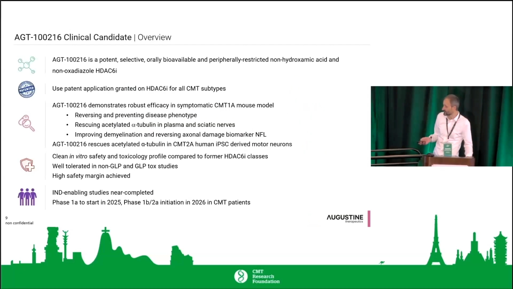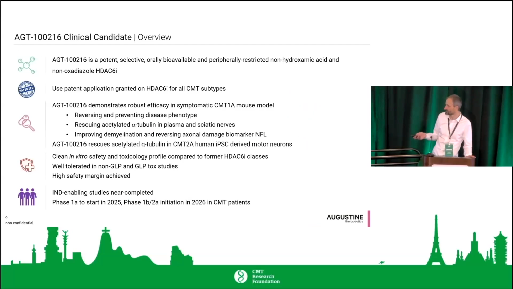So with that, I hope I've shown you that HDAC6 is a promising new candidate for treating CMT1A. So it's a potent, selective, orally available and peripherally restricted non-hydroxamic acid and non-oxadiazole HDAC6 inhibitor, which makes us believe that it's a best-in-class molecule. We have a use patent application granted for the use of HDAC6 inhibitors in CMT subtypes in major markets.